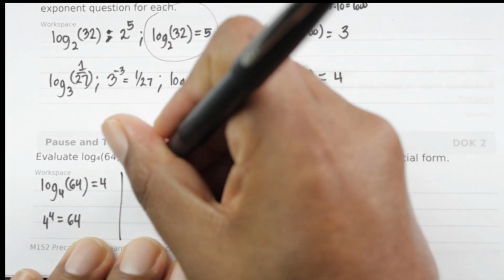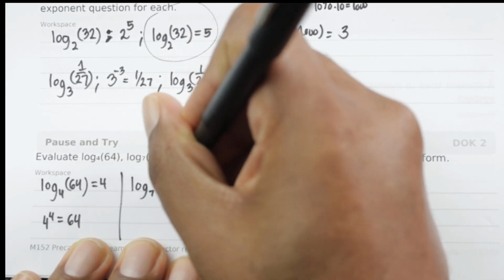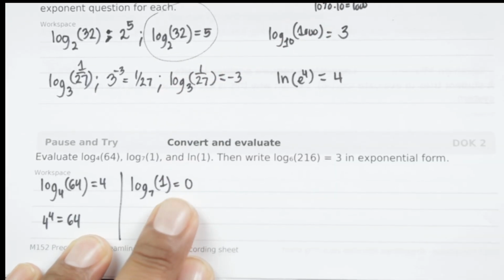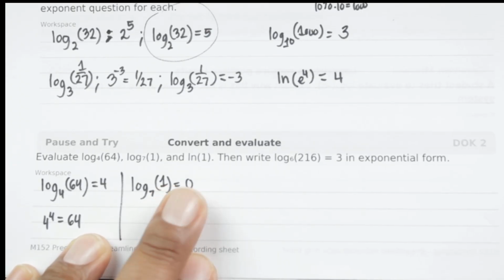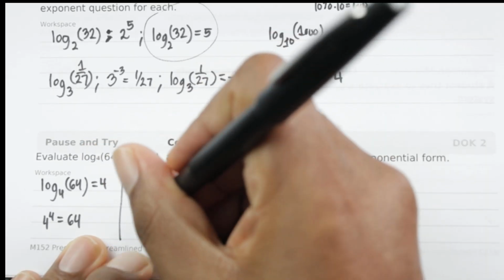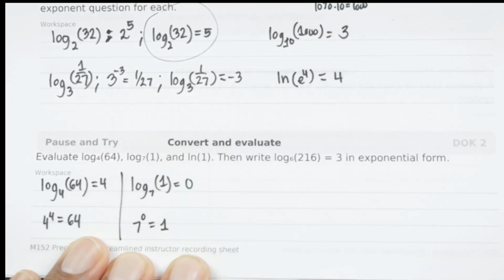So 7 raised to the power of 0 is going to be 1, and that's true for any number raised to the power of 0.